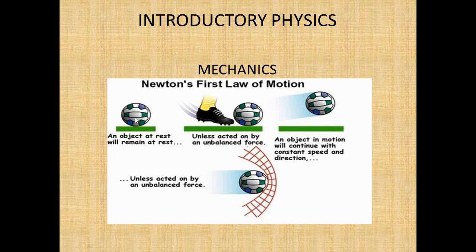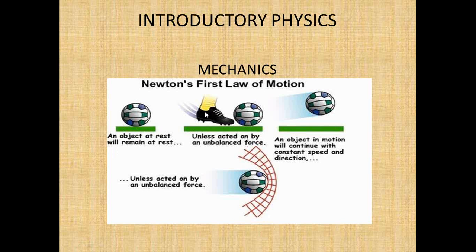The ball has a certain amount of weight, and the weight is going to pull it downwards. So the force of the ball on the turf is downwards, and we'll go over what weight is. Weight is a force which is downwards, okay? And then the turf is pushing up on the ball with a certain force. These two forces are balanced. So these are balanced forces.